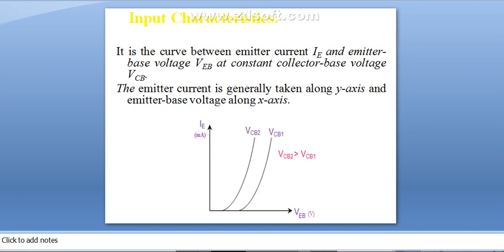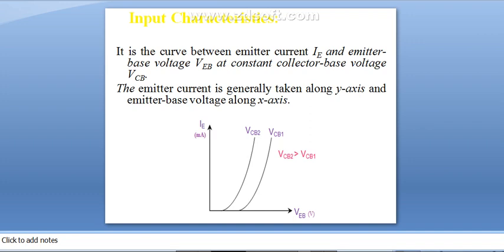So emitter current is generally taken along the y-axis and emitter base voltage along the x-axis. So emitter base voltage VEB is taken along the x-axis and the emitter current is taken along the y-axis.